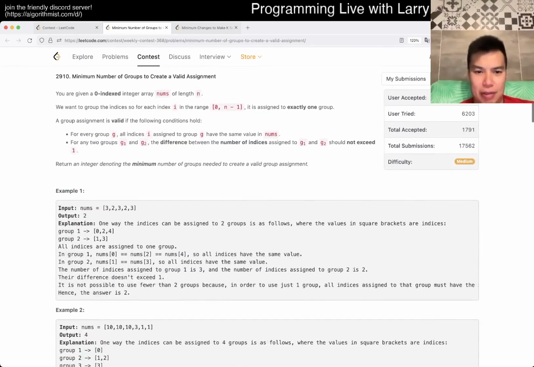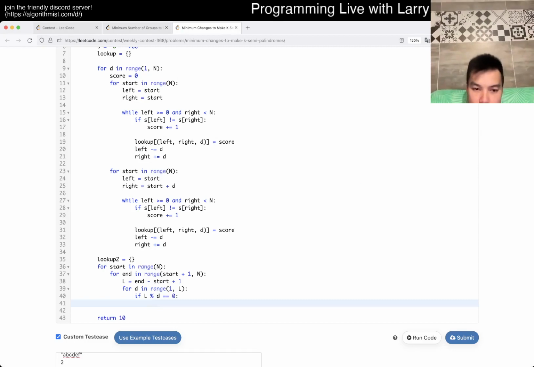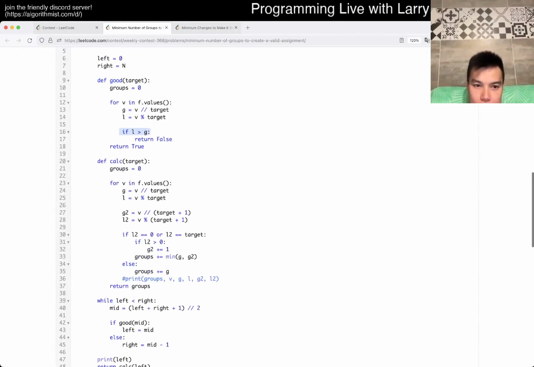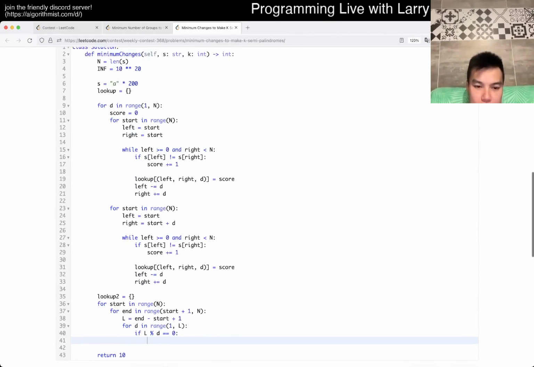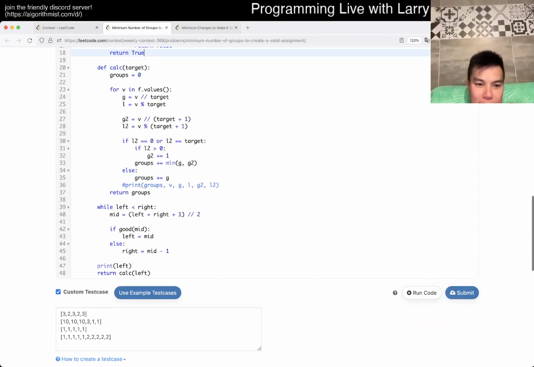Alright, I'm gonna come back to this one. I feel like I just struggle more than I should on this one. Alright, let's see. Minimum changes. I'm just gonna YOLO this one, I think.